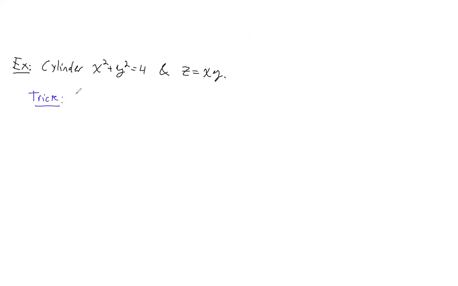You're going to use the fact, in other words, that the circle x squared plus y squared equals a squared for some a, in this case a is 2, can be given by x equals a times cosine t and y equals a times sine t. And we're going to use that here.